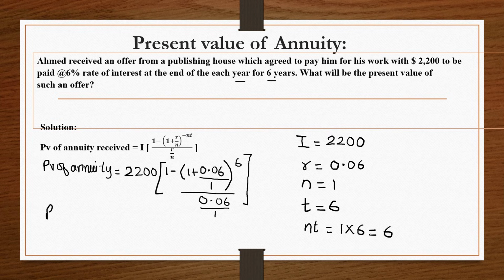Now we will simplify it. Present value of annuity is equal to 2200 times.